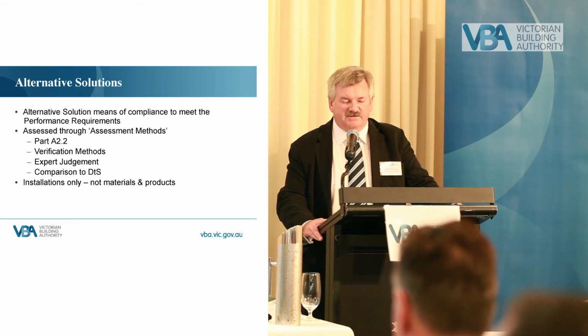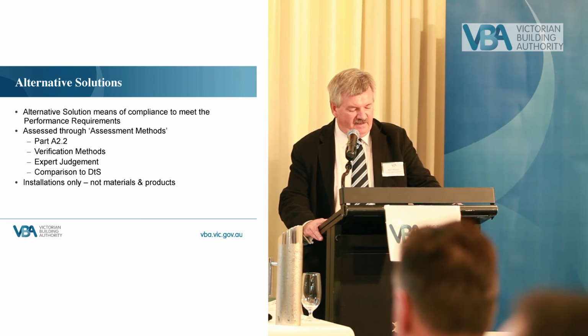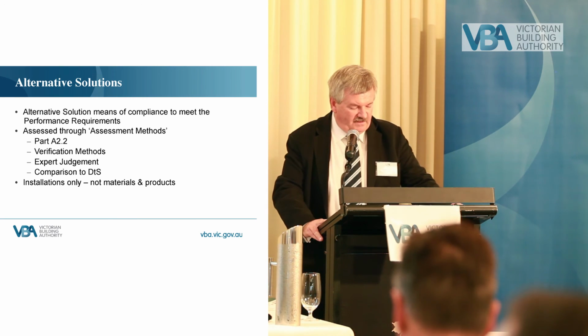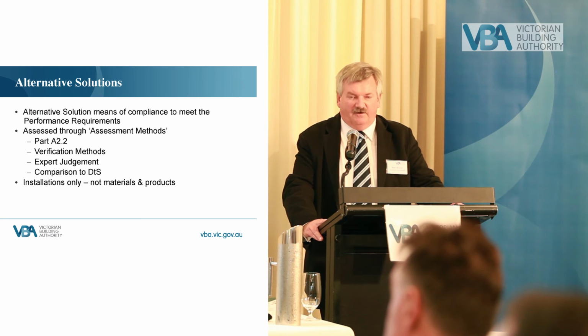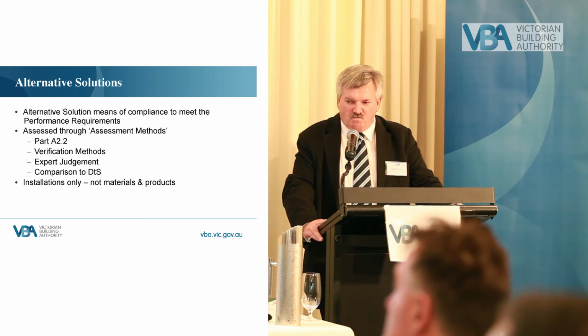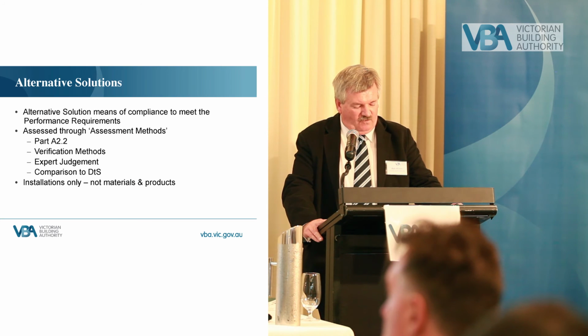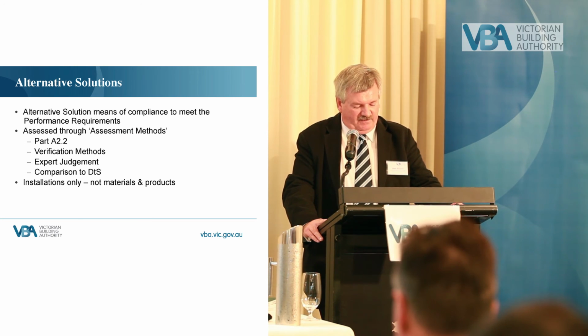For alternative solutions to be considered by the VBA, they need to be assessed through one of the PCA assessment methods. These are documentary evidence as described in Part A2.2, such as an engineer's report, a verification method, expert judgment, that is from someone with relevant or acceptable qualifications, or comparison with the deemed to satisfy, which is, as it sounds, evidence that a solution is at least equivalent to that contained in the DTS.